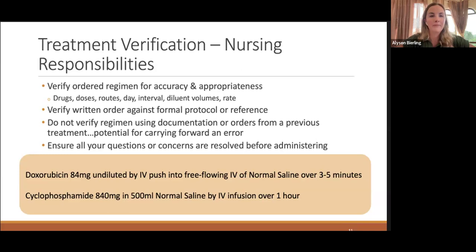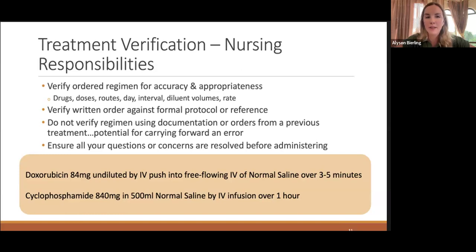So going back to all of the pieces that we need to verify, we want to look at the drugs. Our drugs here are doxorubicin and cyclophosphamide. The doses: for doxorubicin, 84 milligrams, and for cyclophosphamide, 840 milligrams. The routes: we can see that both of them are given intravenously. The day: these should be given on the first day of the cycle at 3-week intervals.